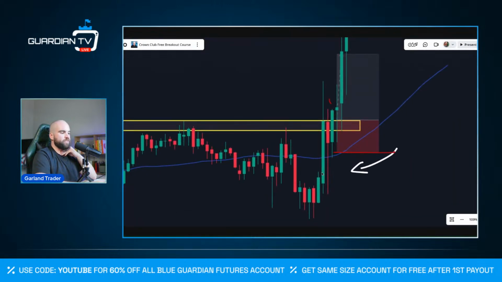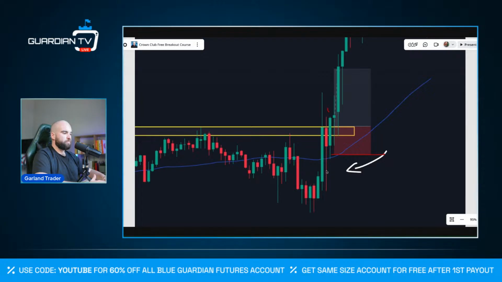Now, if you guys don't understand what an imbalance, or a fair value gap, some people call it, is, go and study it because they are pretty accurate. If you have a gap under price, what's often going to happen is price is going to gravitate to that. So if I had a gap below my stop loss, you'll often find that you get stopped out prematurely and then price goes in your favor.